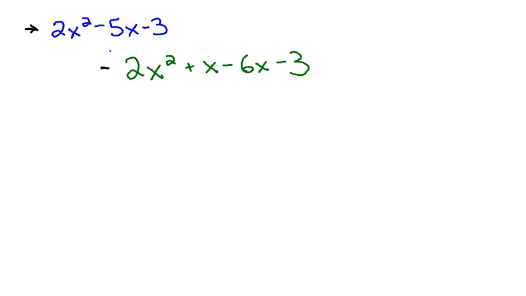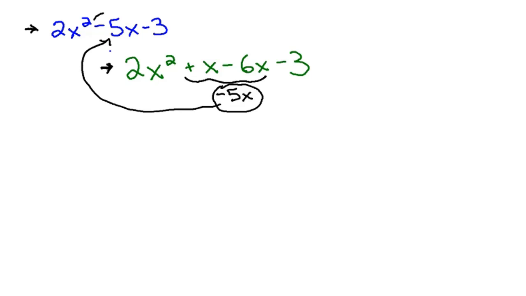And here is our four-term polynomial, 2x squared plus x minus 6x minus 3. Because if you notice, positive x minus 6x is negative 5x, the same thing as this negative 5x up here. So we just substituted these two numbers in to get a four-term set instead of our original problem.